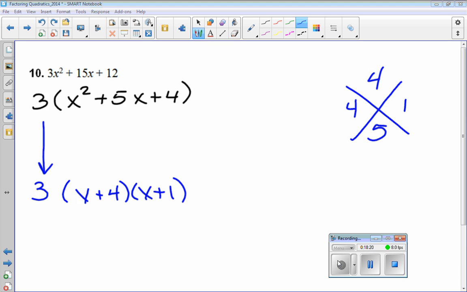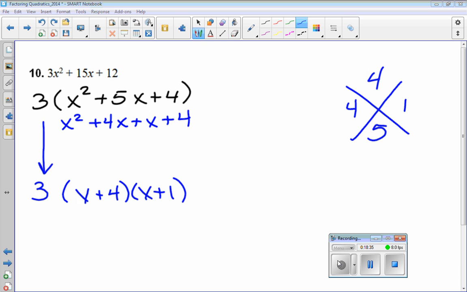Okay? That 5x squared minus 8x minus 4 one, those are harder, a lot harder. So I show this step only because I want to get us ready for the harder ones.